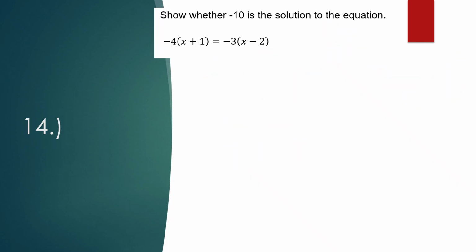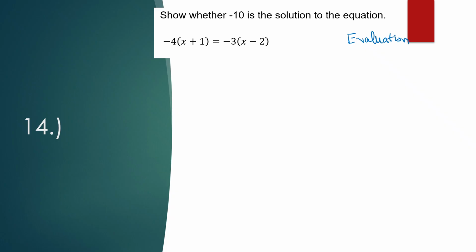There is one process for checking answers or checking solutions, and that is using our evaluation process. So when you're asked to show if something is a solution or to check a solution, you have to use evaluation. You don't just solve and see if you get the same answer.